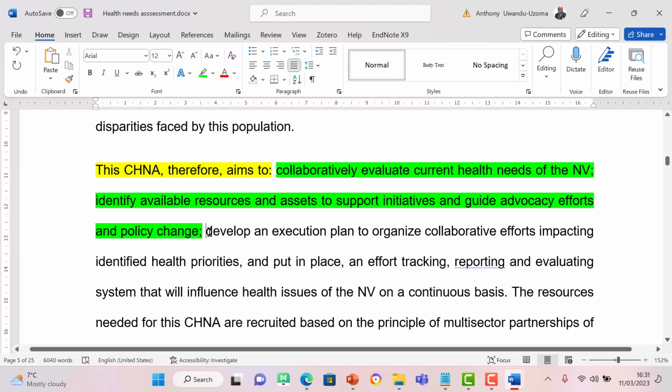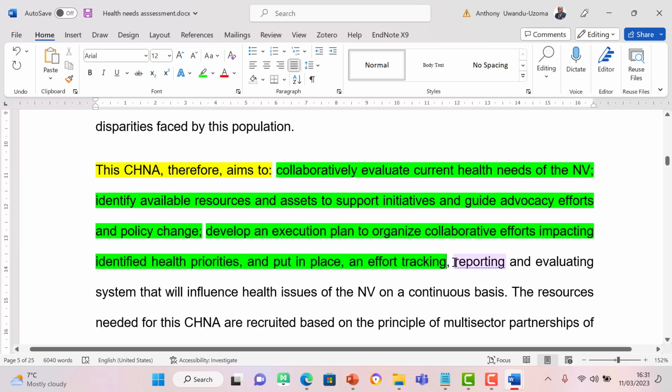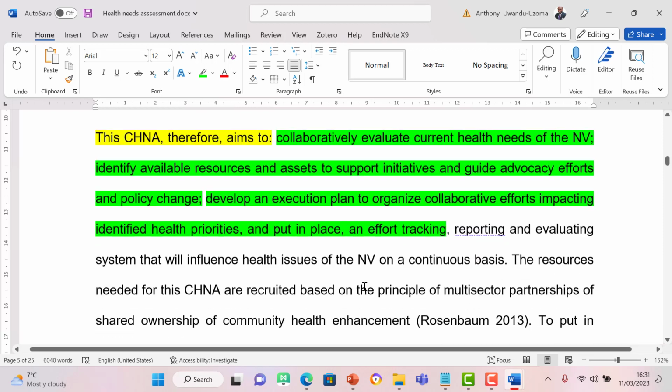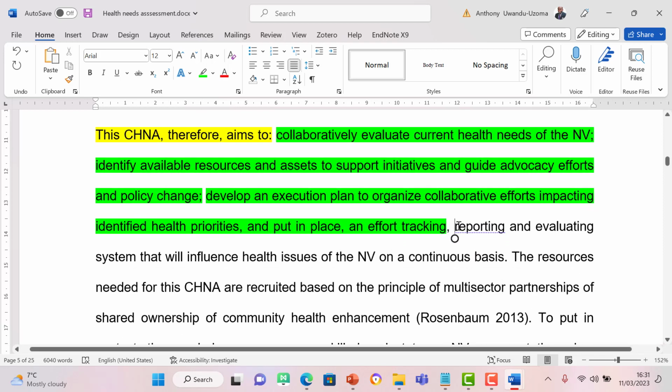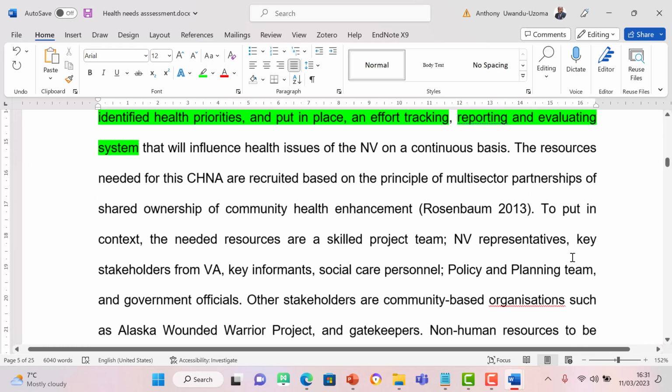And then to develop an action plan. That's the third one. And then to develop a reporting and evaluation system. That's monitoring and evaluation. So that is the fourth one. All right. So for me, that is enough.